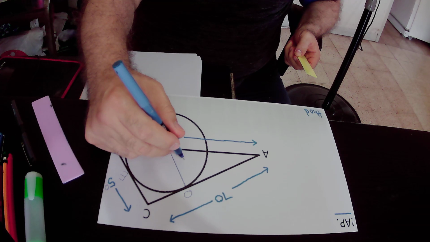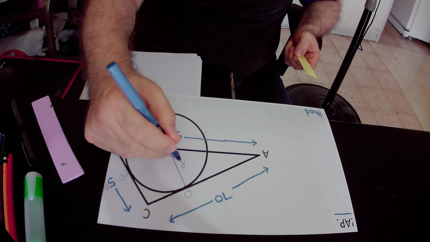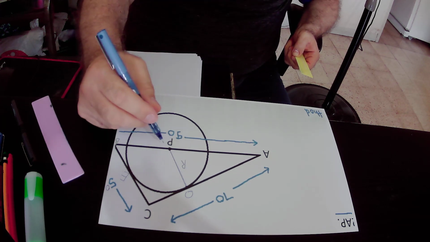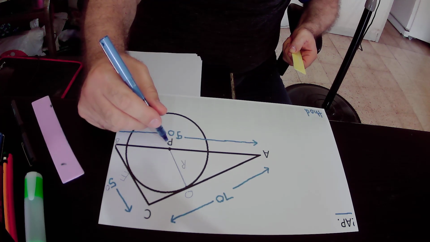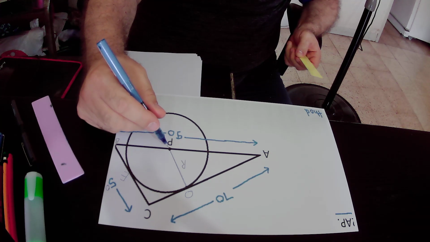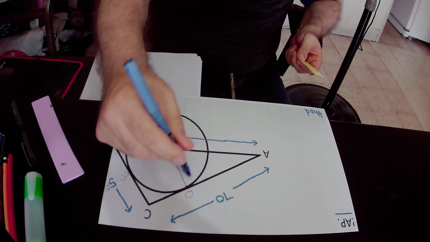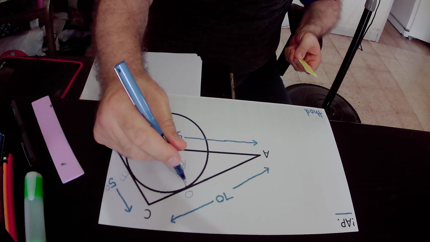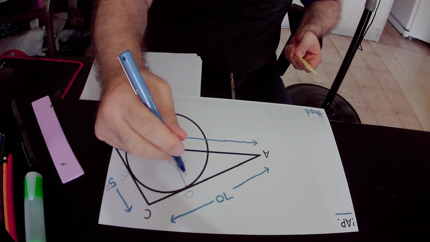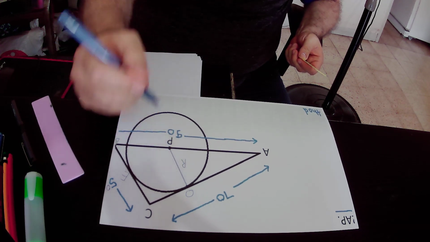I will mark it as R, abbreviation of radius, because it exits from the center of the circle, that is to say from point P, and touches the circle at point O. So PO is defined as the radius of this circle.